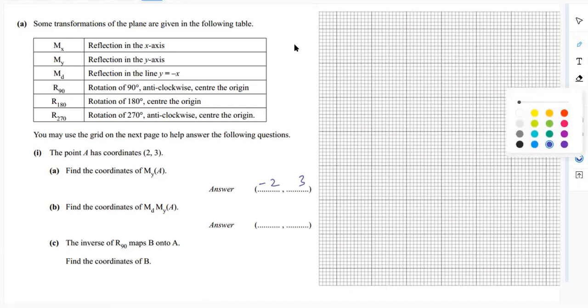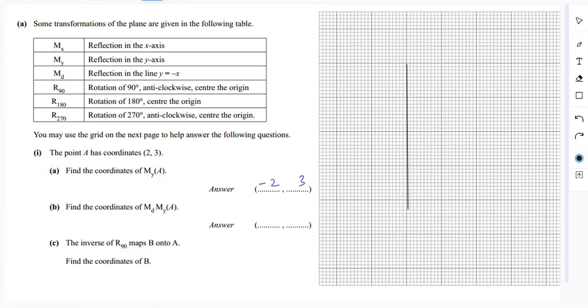We can also draw a grid here, just once, and that will help us do some thinking. So let me just draw this grid. This is the y-axis and this is the x-axis.